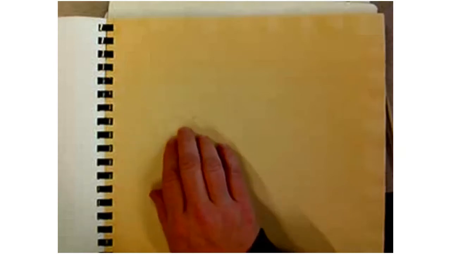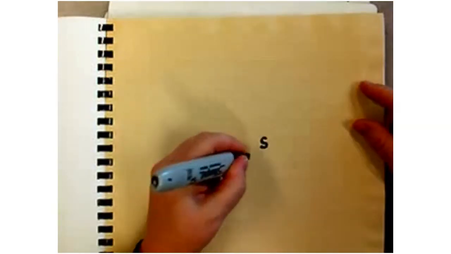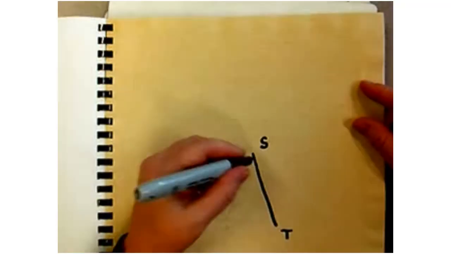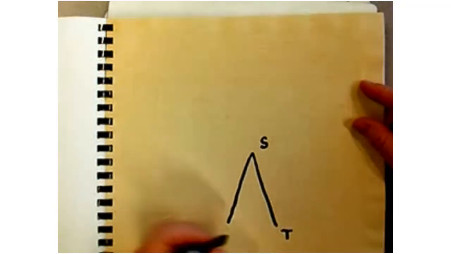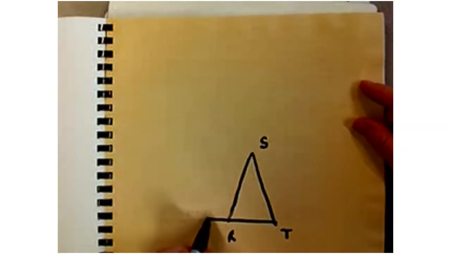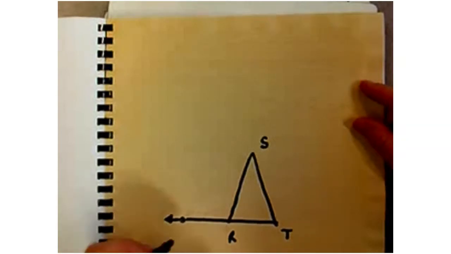The exterior angle theorem states that the measure of QRS equals the measure of angle S plus angle T. Sure enough, they have this triangle. S is your top vertex, T is your bottom right, and R is the bottom left. And then T extends to the left through R and through a point Q with an arrowhead.